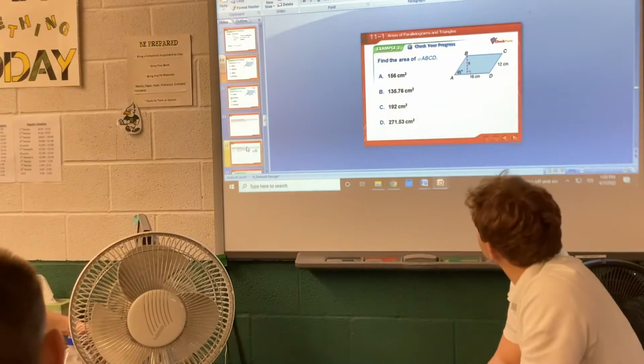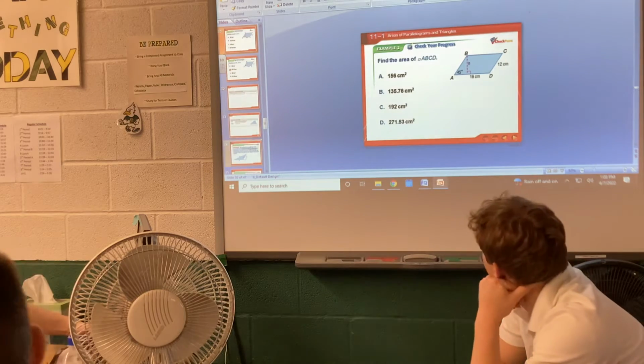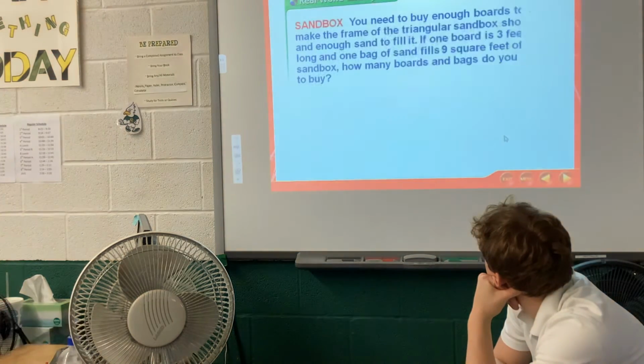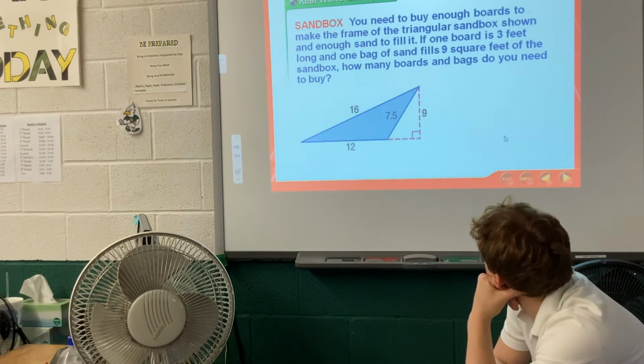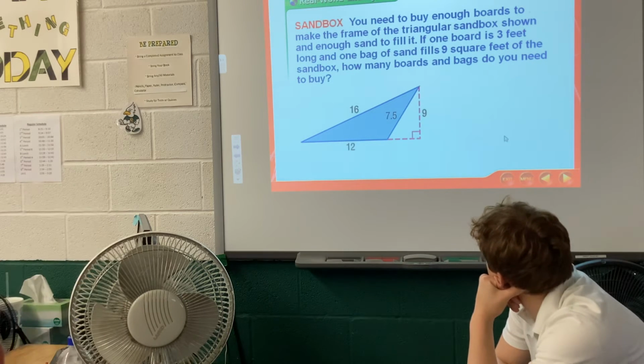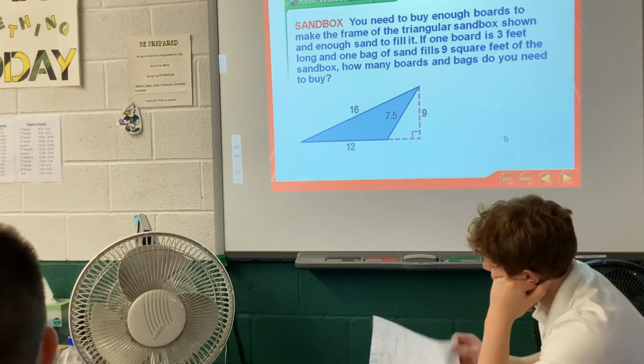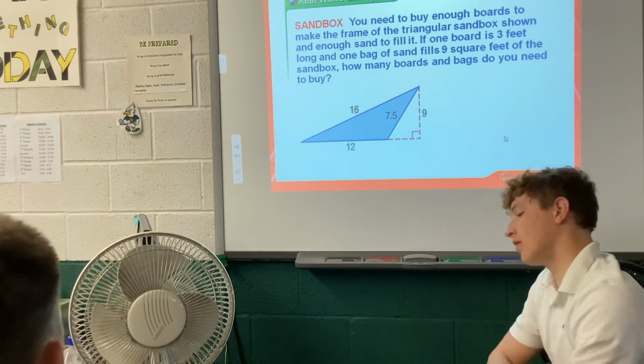All right. Then we went to our triangles, right? So, like I said, this was one of the triangles that they'll show. What am I going to use for my area? 12 and 9. Why would they give us all the other things? They would give us the other numbers if they asked us for the perimeter again, okay?